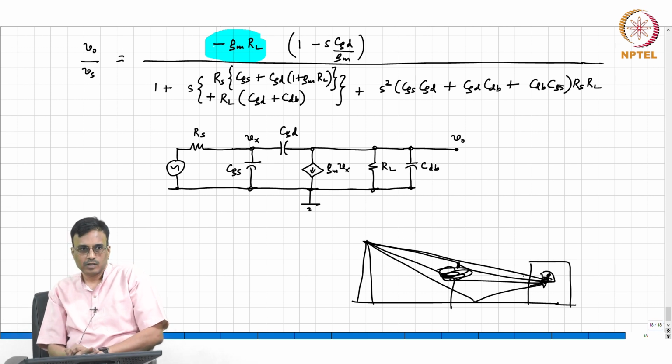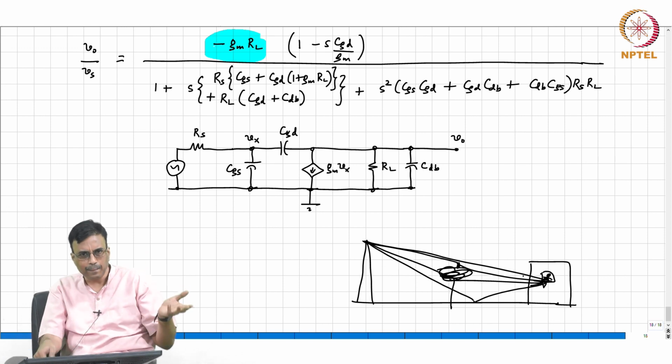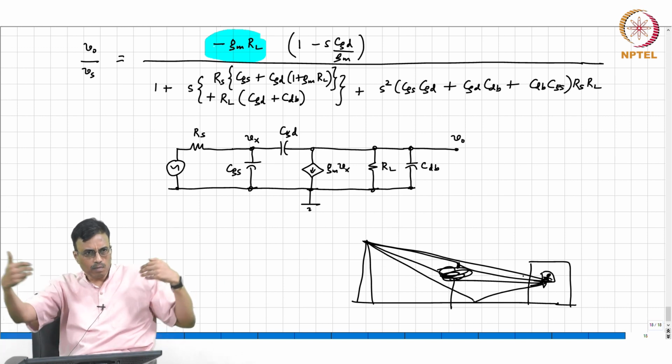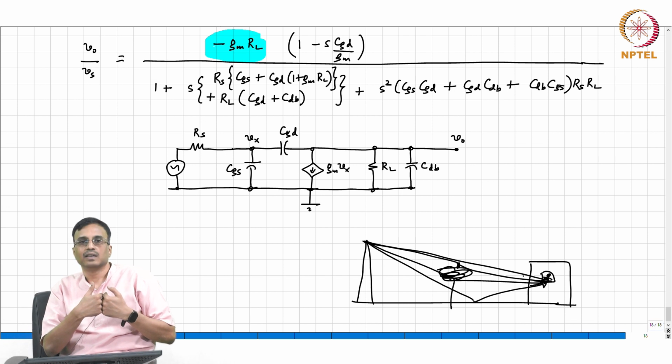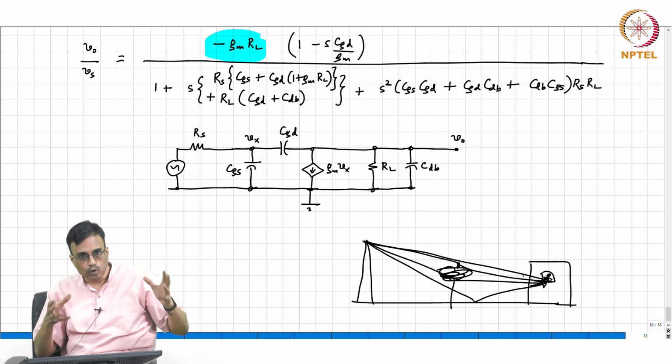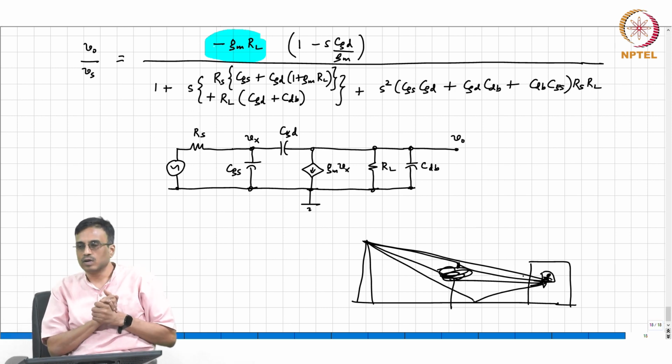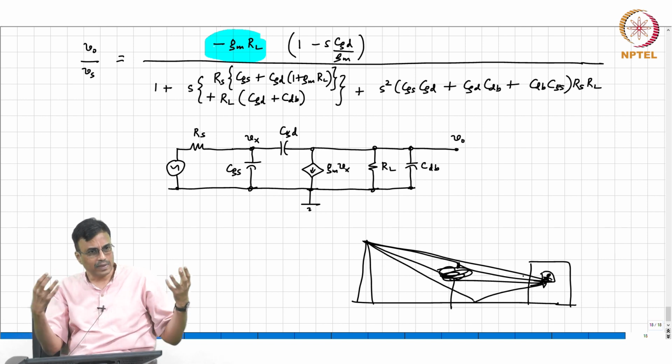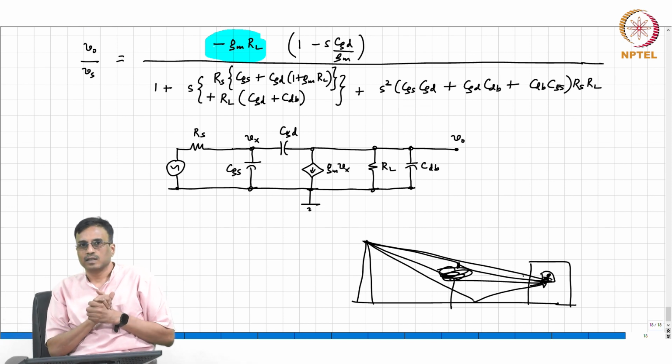If you are at a point, it can so happen that the signals from all those paths interfere constructively, and therefore you get a large signal. Alternatively, it could also happen that all the paths basically interfere destructively, and therefore there is no signal there.